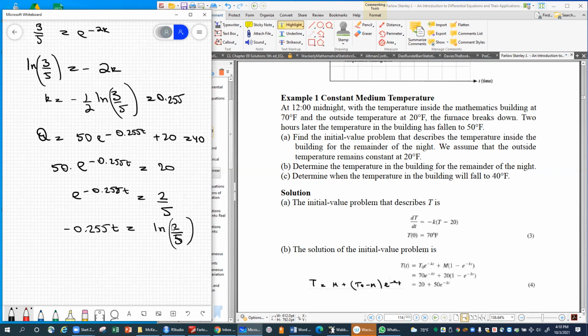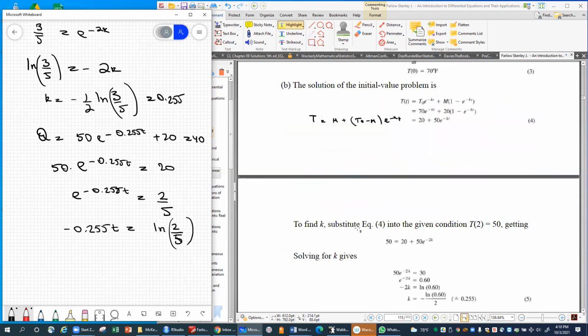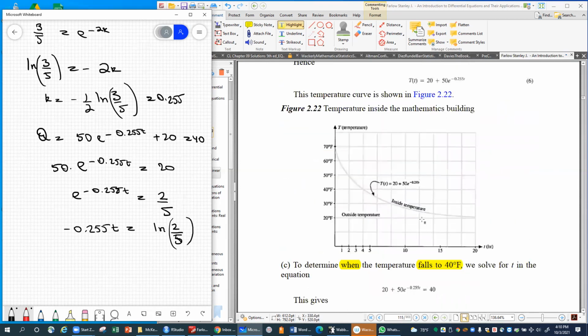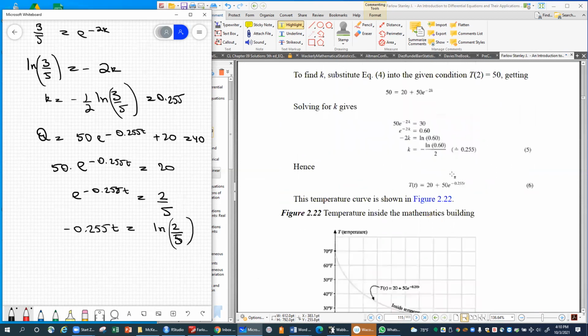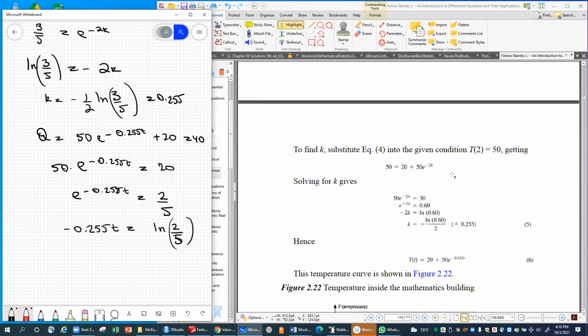So solving for t, this gets us only about 3.59 hours, or 3 hours 56 minutes. That's not long. So the building is really gonna get cold very soon without heating.